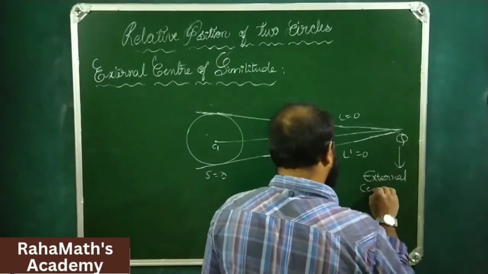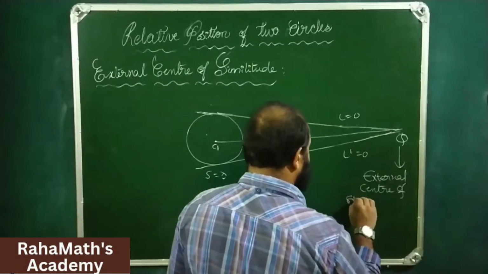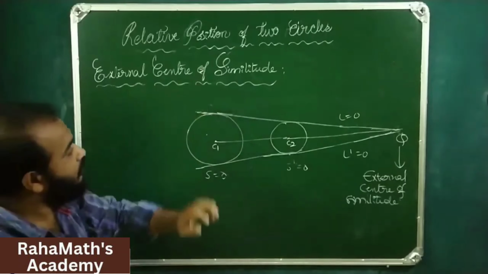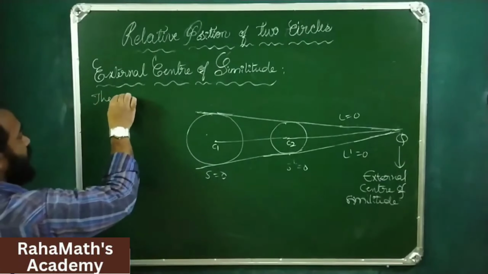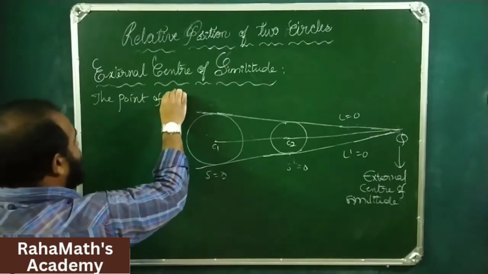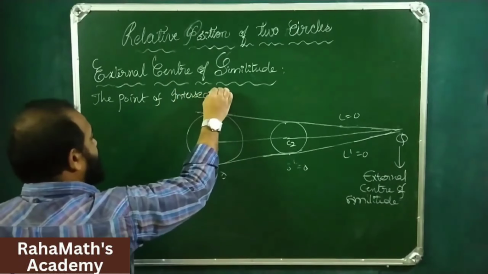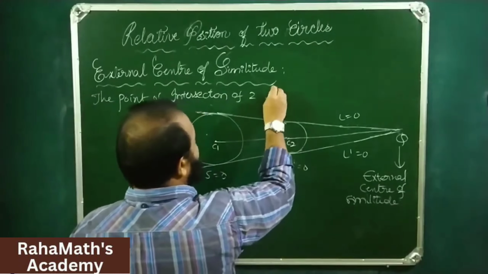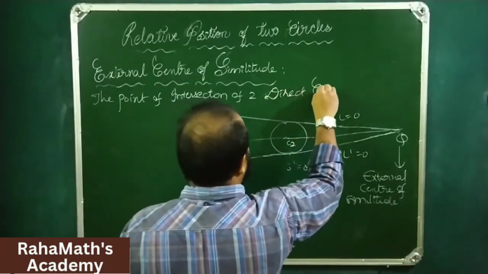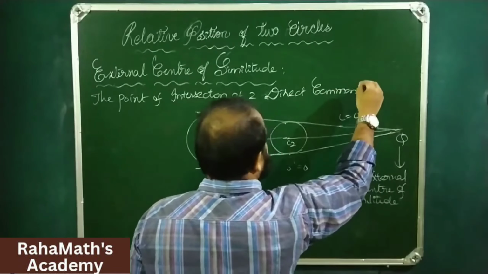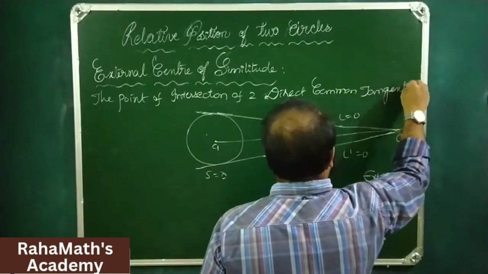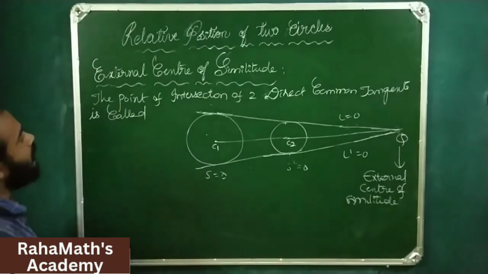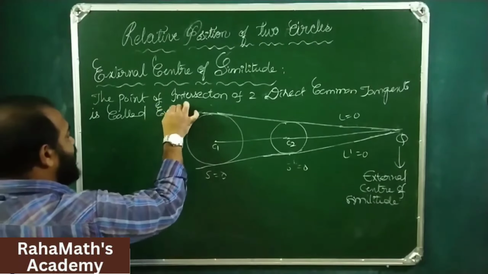External center of similitude. So how do we define it now? The point of intersection of two direct common tangents is called the external center of similitude.